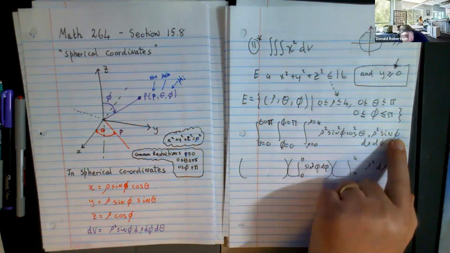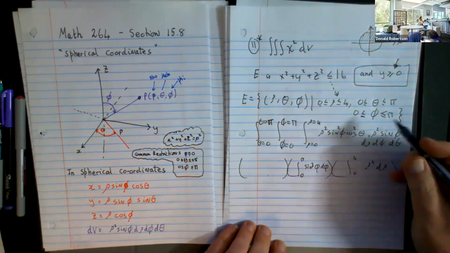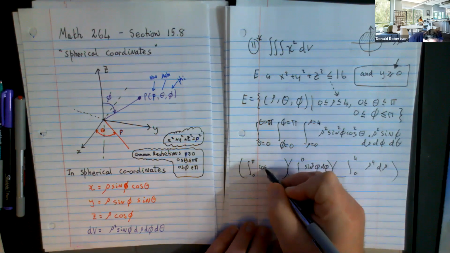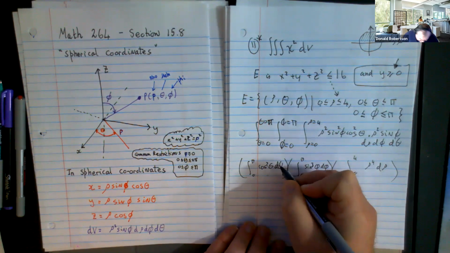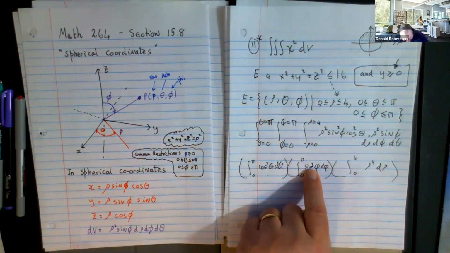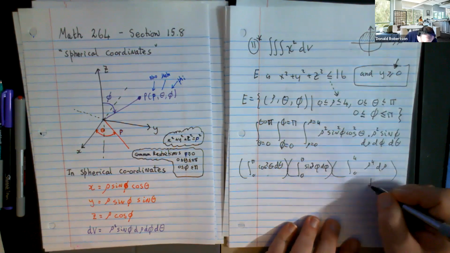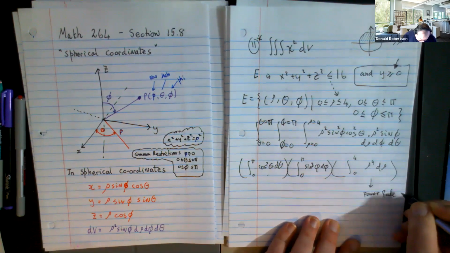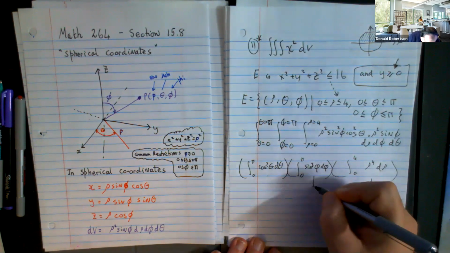You got it. There he is. And I got a cos squared. You're right. So we've got a cos squared on its own, a sine cubed on its own, and this fella, which is going to be a power rule. Nothing surprising there.